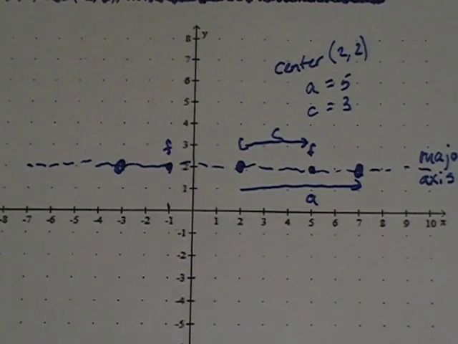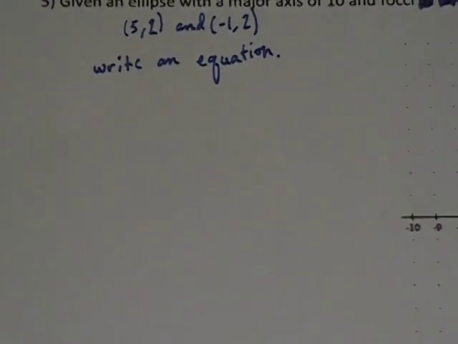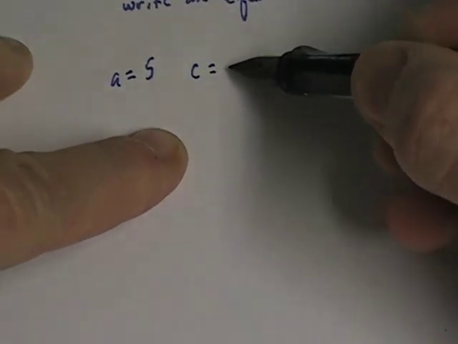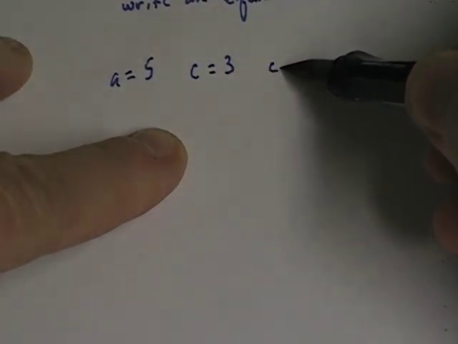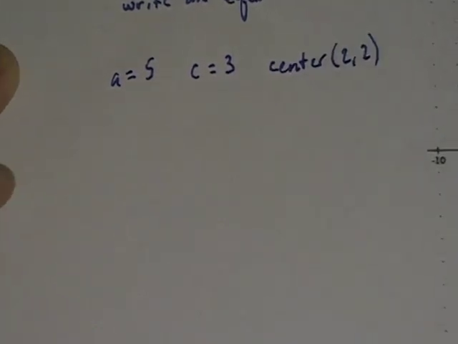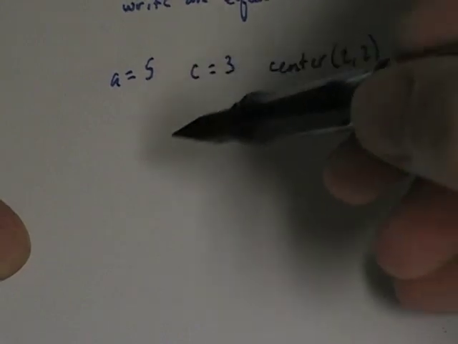Okay? So now we want to write this equation. I know A equals 5, C equals 3, and the center is at (2, 2). So I have an equation for an ellipse.